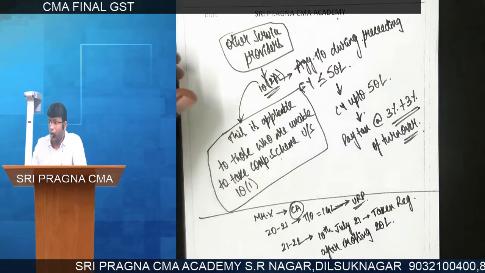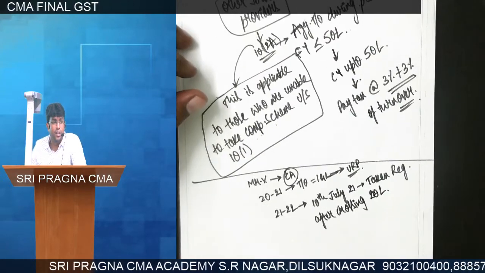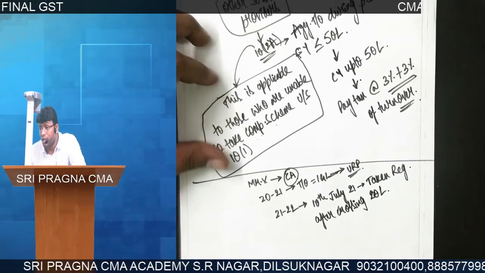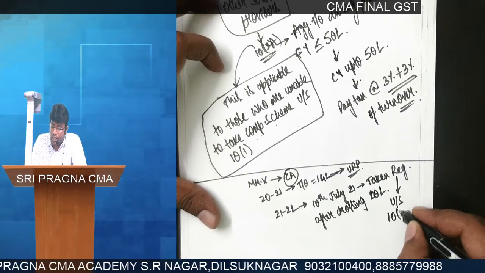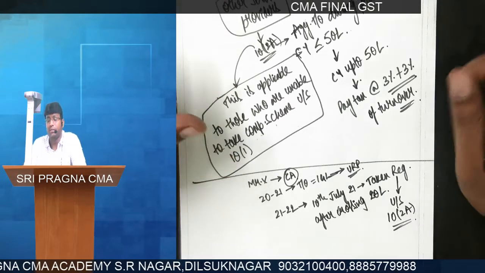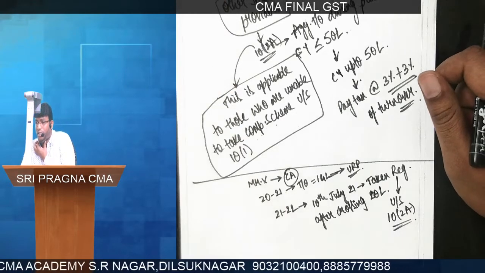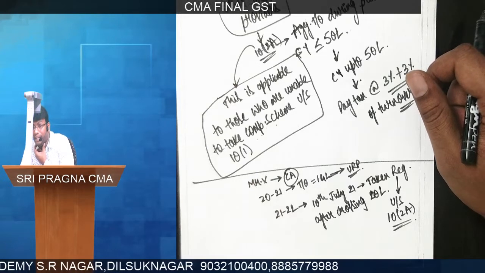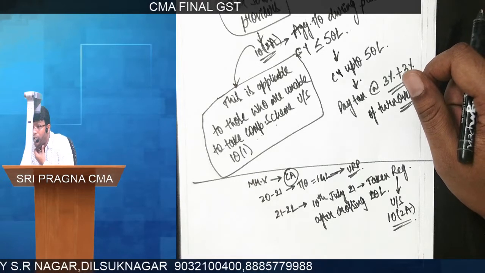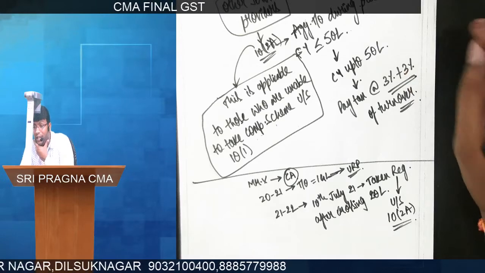On 10th July, he crossed 20 lakhs, and he has taken registration. This registration he has taken under section 10(2)(a).